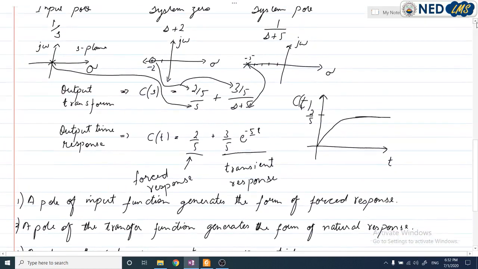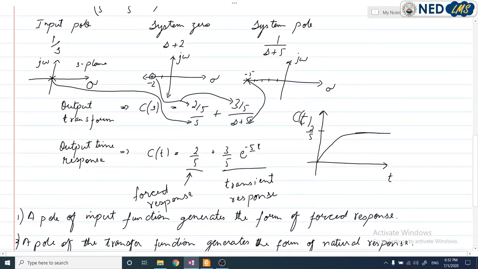If we look over here, then this pole at origin, which is our input pole, produces this forced response part, and this system pole, which is on the real axis, produces this transient part, and this transient part consists of this exponential term, and the system zero is responsible for this constant term.